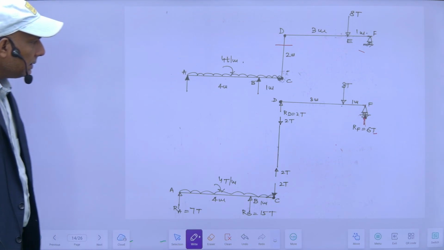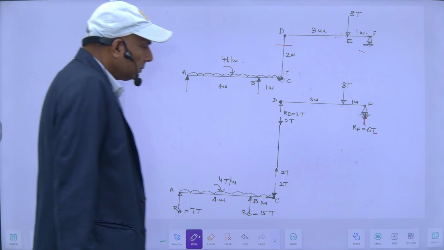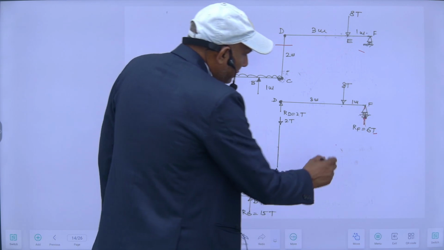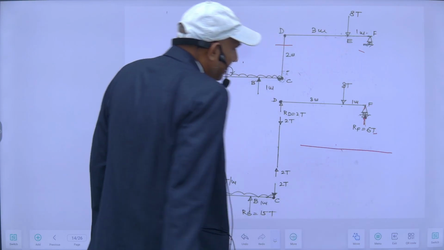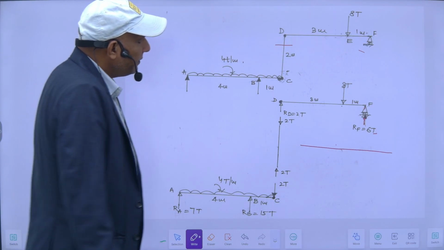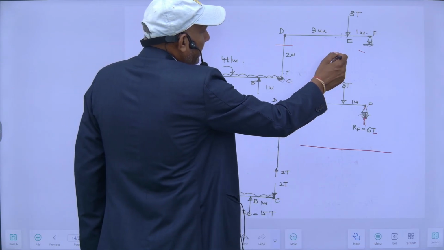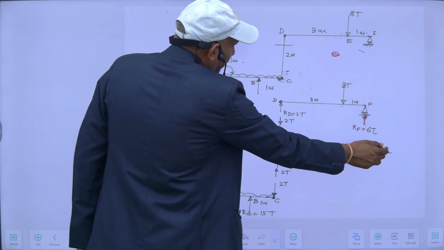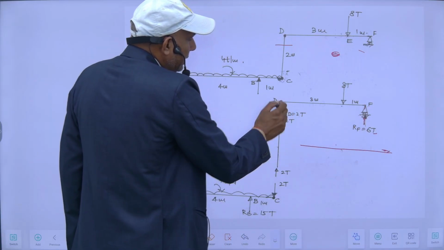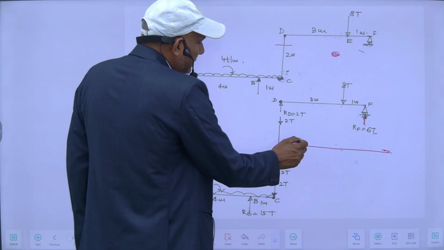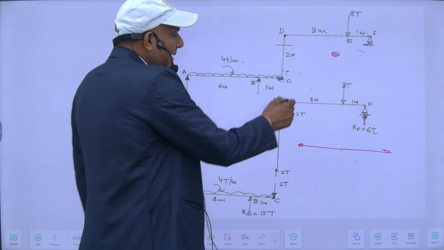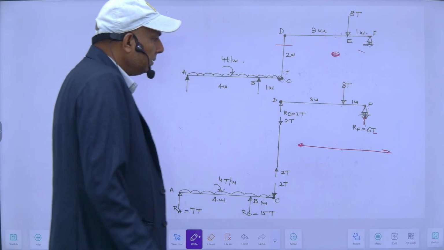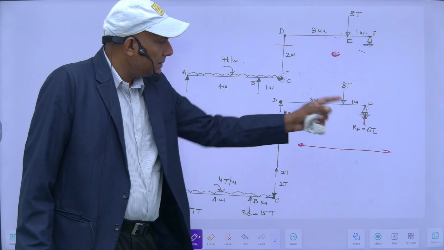So let's start. Here my bending moment is 0 for this portion. For this portion my bending moment diagram will be like this. If I am standing here, the moment at this point is 0, and at this D point it is also equal to 0, it is also hinged. So it is just like a simply supported beam having a constant total load at this point. This is 2 ton and this is 6 ton.